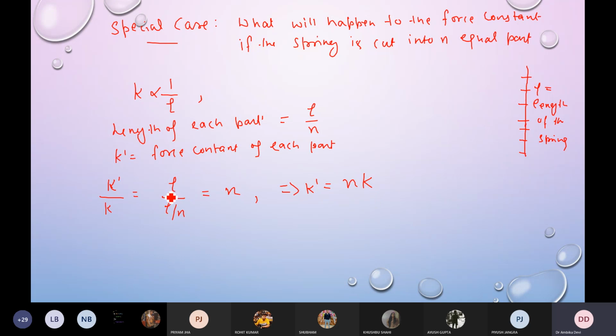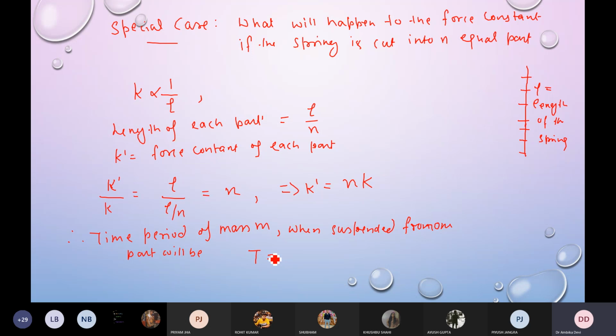Now the time period of mass m when suspended from one part will be how much? Now instead of k, you will be writing nk.